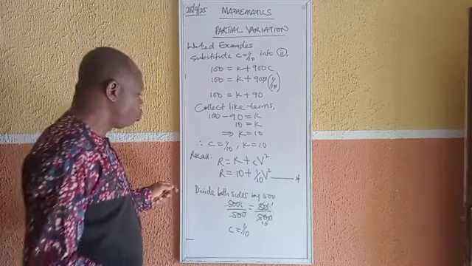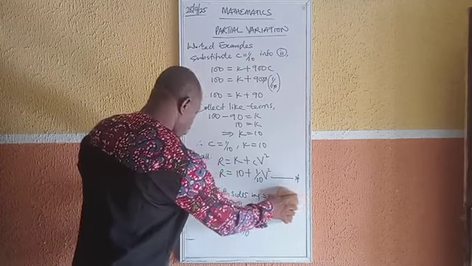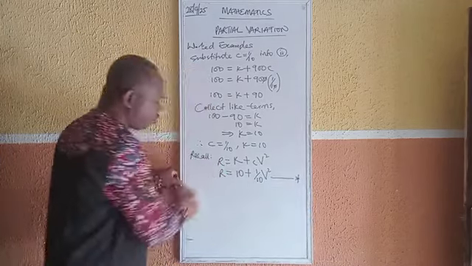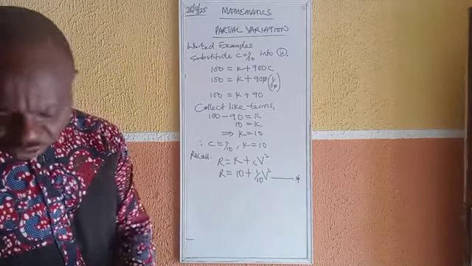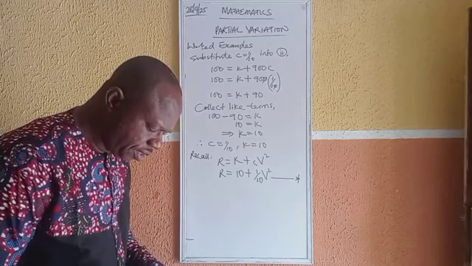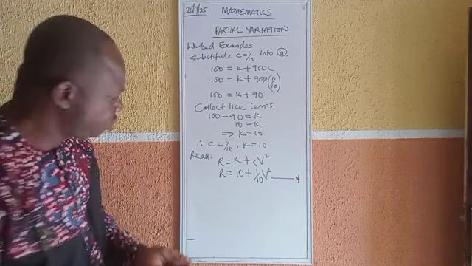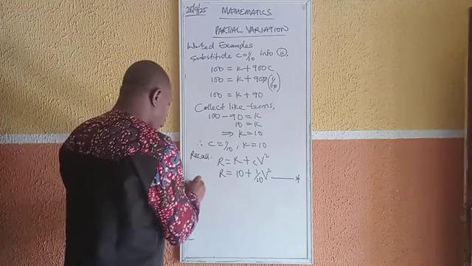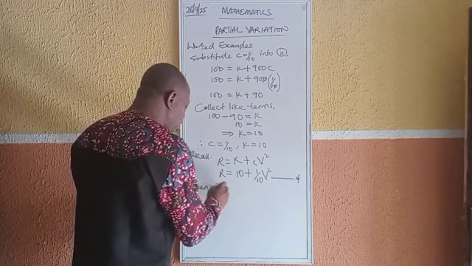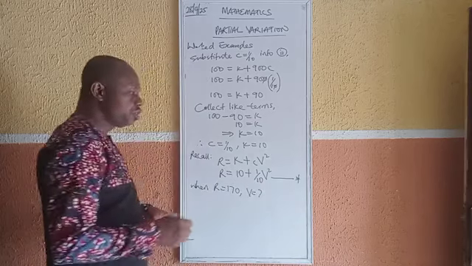Now, with this information in hand, we will be able to solve for what we have been asked to find. Remember, they asked us, for what velocity is the resistance 170 Newton. So when resistance is 170, velocity we don't know.